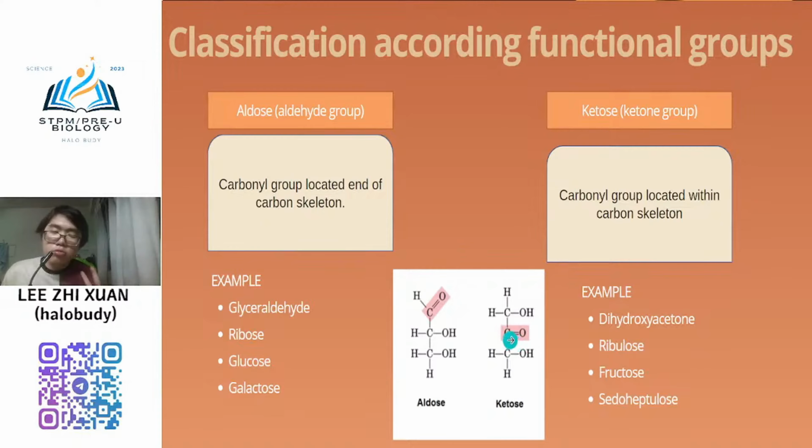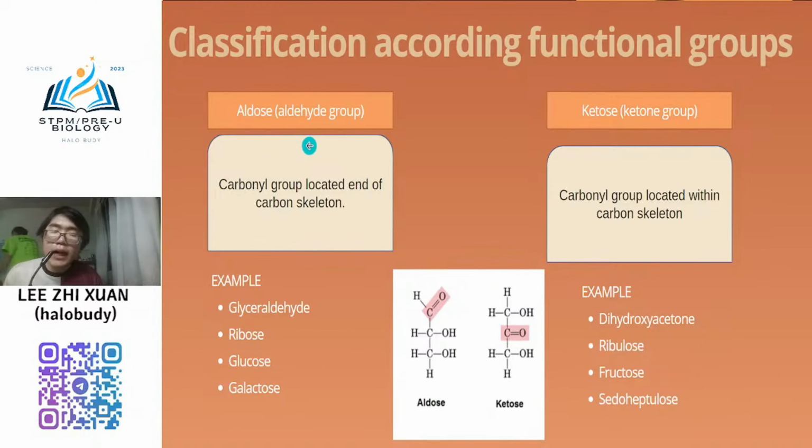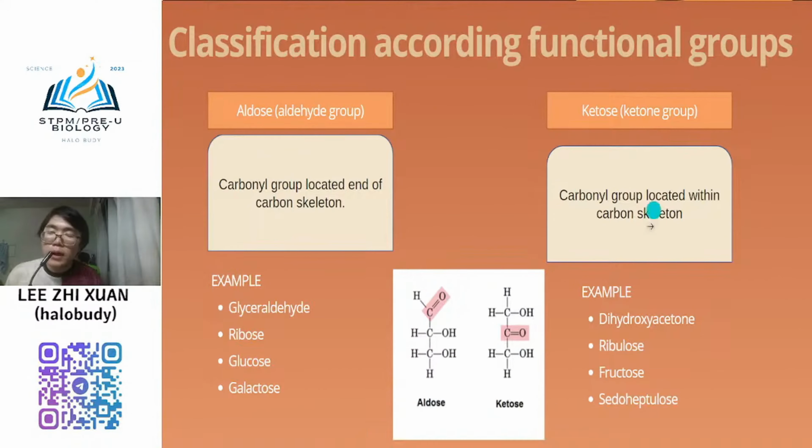So these are the two main differences. Examples of aldose are ribose, glucose, and galactose, meaning they contain an aldehyde group. While the other one is ketone. One of the most famous examples is fructose. Fructose is an example of ketose, with a ketone group. The carbonyl group is in the middle.